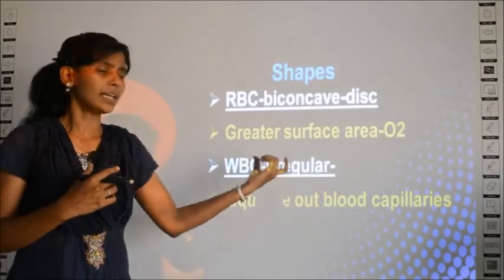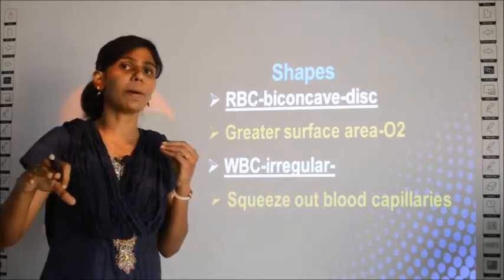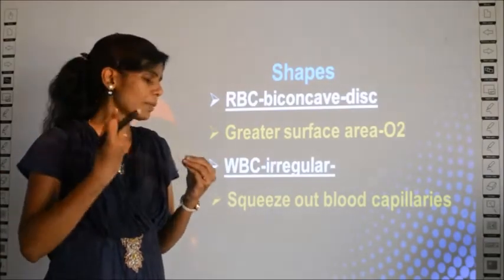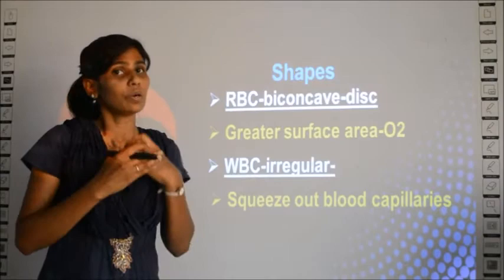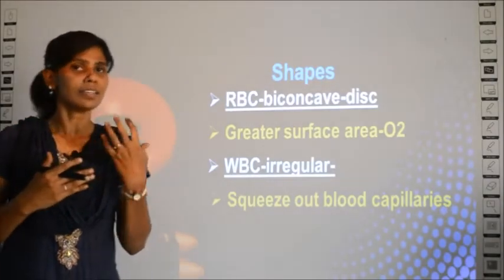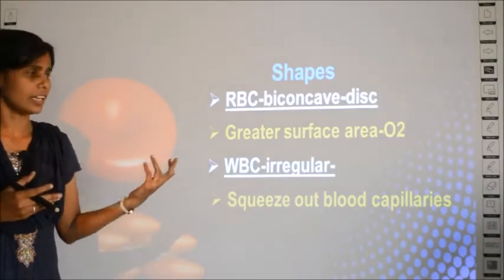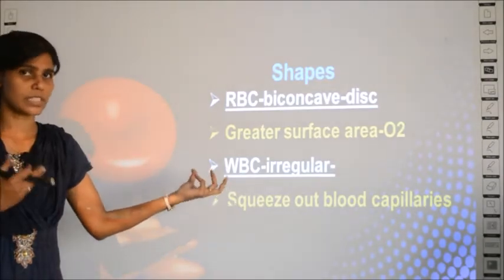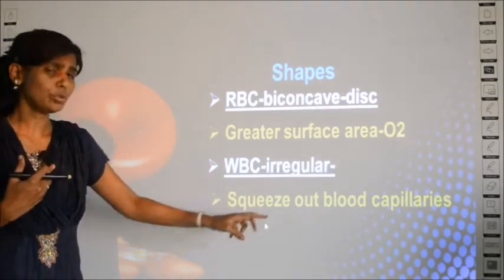Because of this irregular shape only, it can escape out of the blood capillaries and go to the place and attack the germs in that particular area. So irregular shape of WBC cells is also useful.